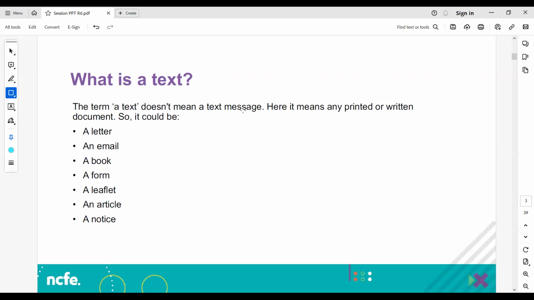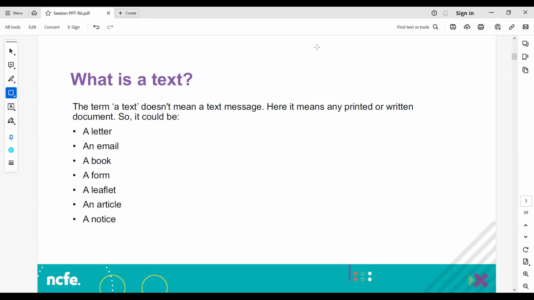So the term text doesn't mean a text message. In recent years, our first thought would be a text message. But when we're talking about English as a subject, when we're talking about English literature, or the documents that we're looking at, you might hear it called a text rather than a document.